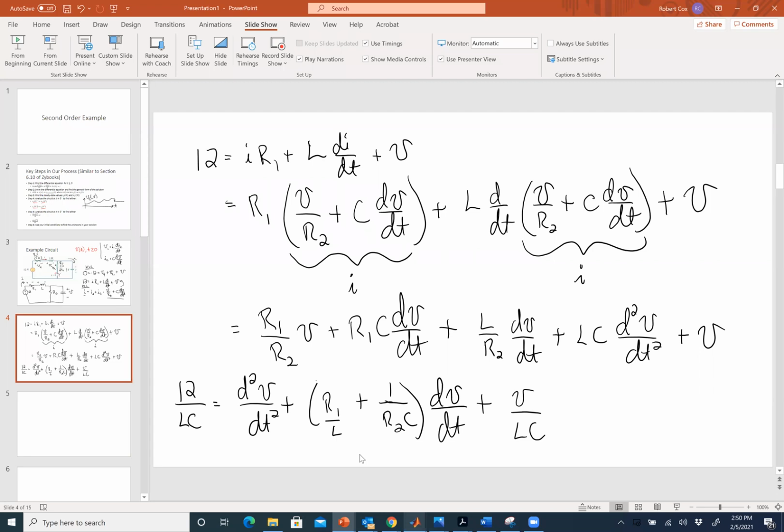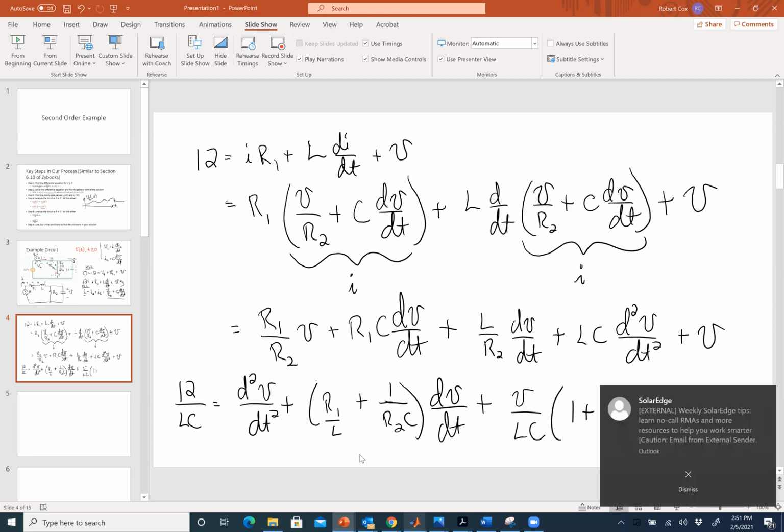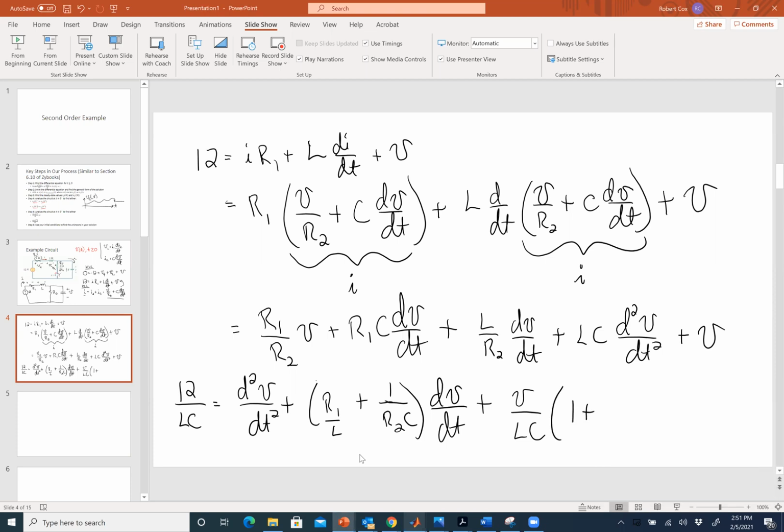What about that R1 over R2? Oh, sorry, yes. And 1 over LC times 1. This should be plus 1 over R1 over R2, like that. That's all the terms in that guy.